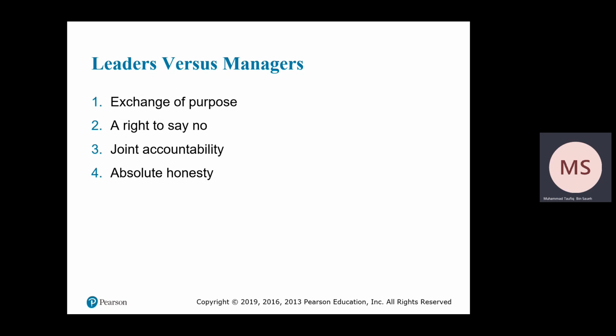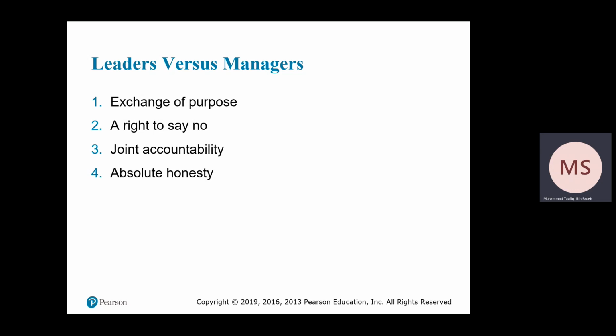These are the differences between leaders and managers. You must be able to accept no as an answer, and when your team says no, you must be able to accept their alternative with an open mind.